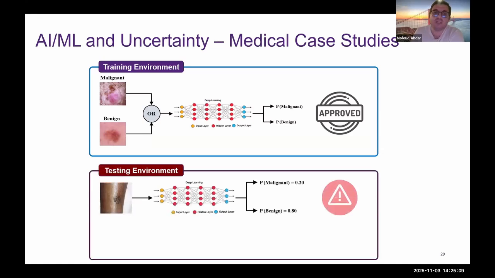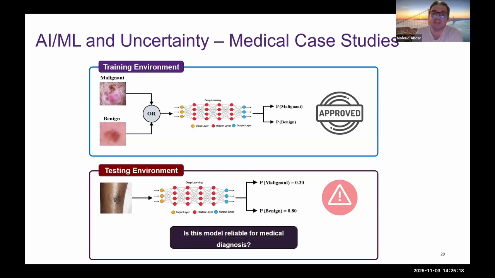However, during testing time, what if we give a rare image that has never been seen during training? In that case, the model can be very uncertain regarding a prediction. So is the model reliable for medical diagnosis? This is the question that we need to answer by including uncertainty quantification.